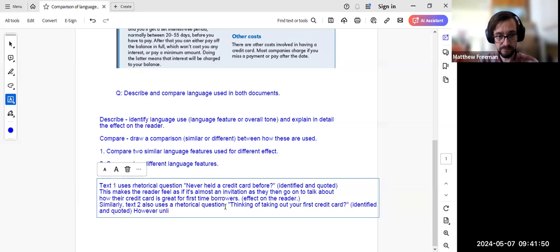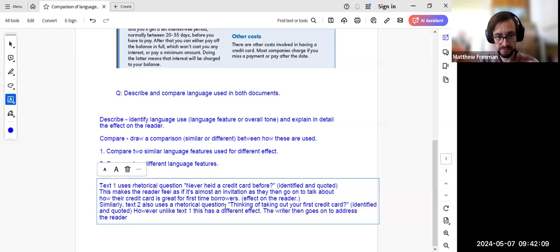Unlike text 1, this has a different effect. The writer then goes on to address the reader and warn them about some of the potential risks.